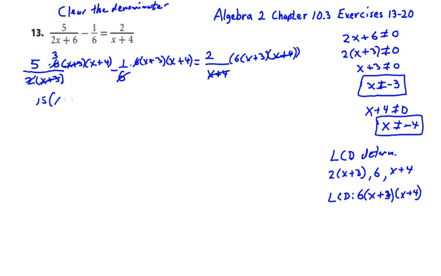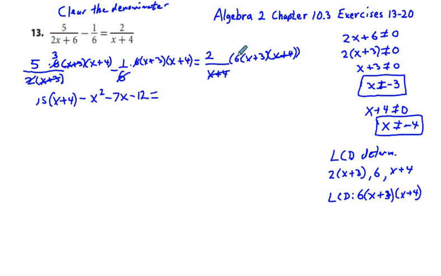And then we have minus, we have x squared, because we have 6 over 6 canceled, and I'm just multiplying these together, quantity x plus 3 times quantity x plus 4. So you have x squared minus 7x, because 3x plus 4x, and finally minus 12.